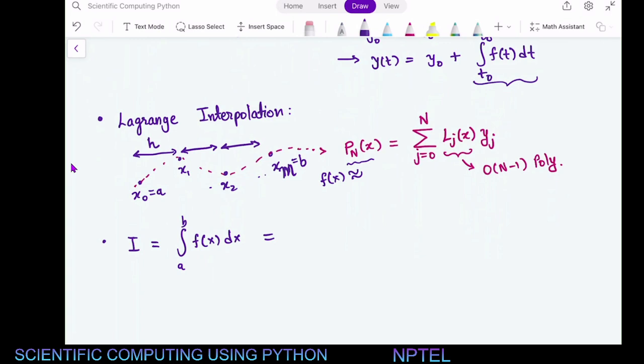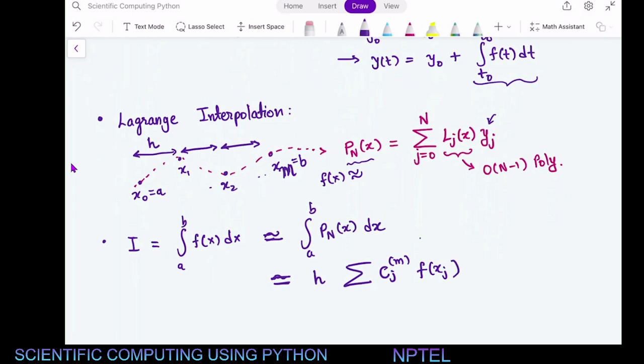So we can integrate this. We are saying it's approximately equal to the integral of Pn(x) dx from a to b. Now when we are integrating, this yj is independent of x, so that can be taken outside the integral, not the summation. So what we get is cjm times yj, or f of xj.